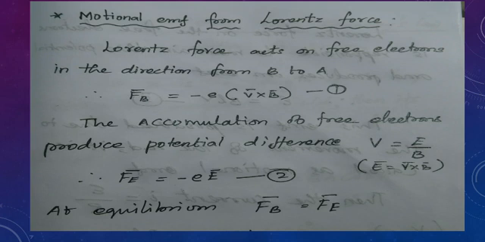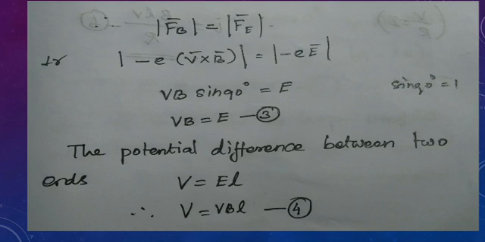That force is F_E equal to minus e into E, because an electric field is present. In equilibrium, the Coulomb force is balanced by the magnetic Lorentz force. Therefore, equating the two forces, F_B is equal to F_E. So the magnitude of minus e into v into B is equal to minus e into E, and here minus e cancels.